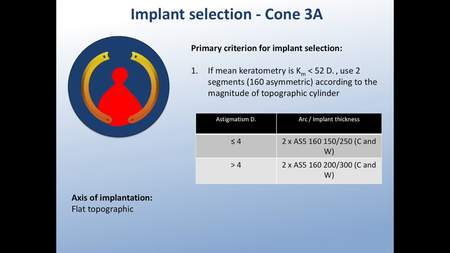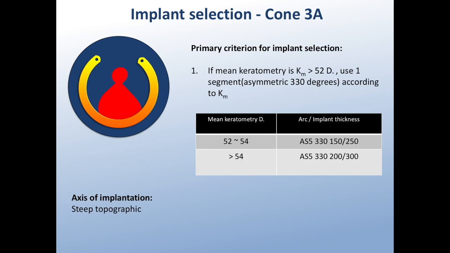If phenotype 3A shows a mean keratometry between 52 and 54 diopters, then it must be corrected with a 330 degrees asymmetrical ring with a variable thickness of 150 to 250 microns. If mean is above 54 diopters, then correct with a ring of 330, 200, 300.